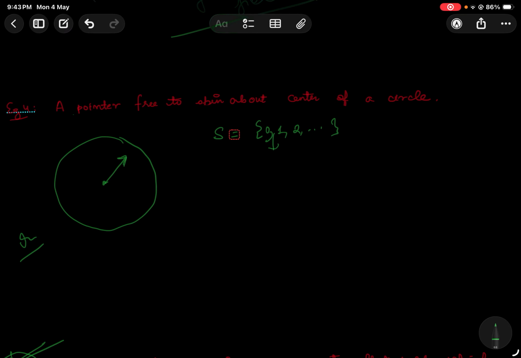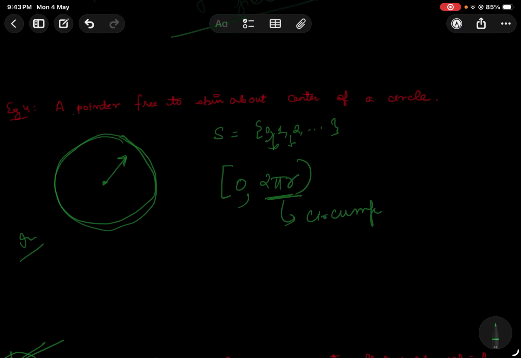I can land somewhere in between. It's just like a circle. I can get anywhere between 0 to 2 pi r, 2 pi r being the circumference of the circle. It can be anything, right? I can land here, I can land here, I can land here. I cannot stepwise give numbers that I can land only over here, over here, over here. It's a free pointer, it can go anywhere.